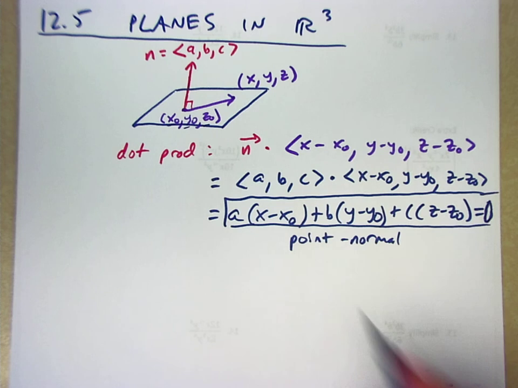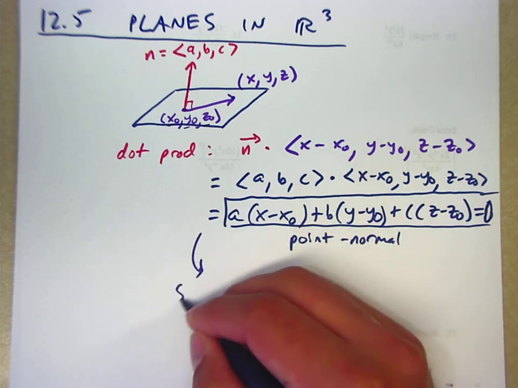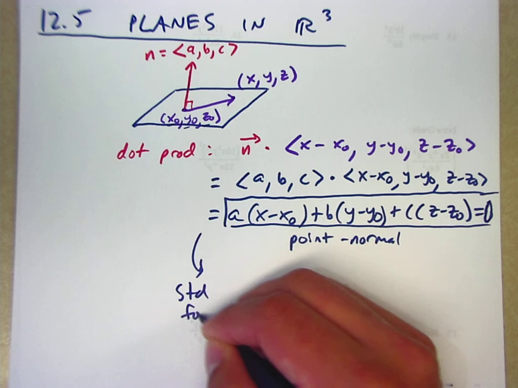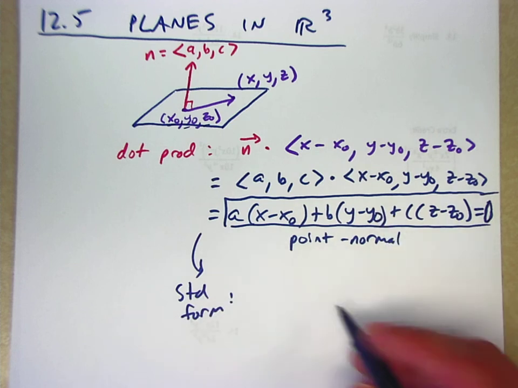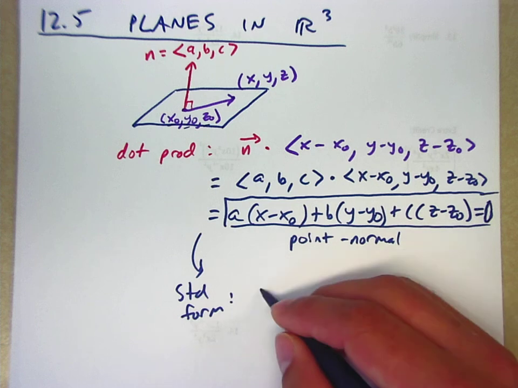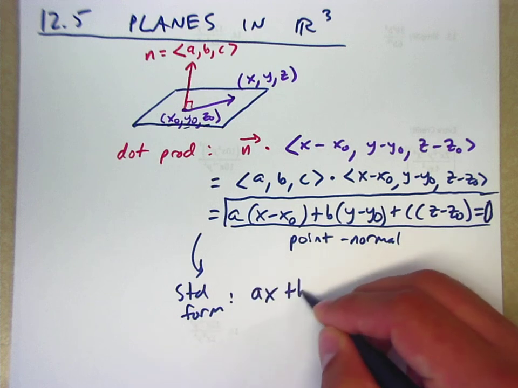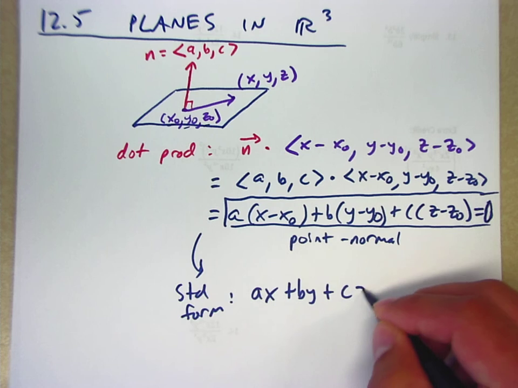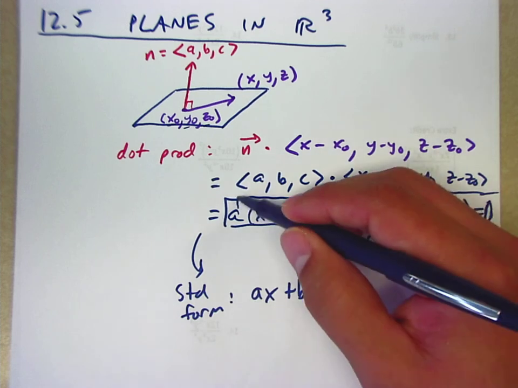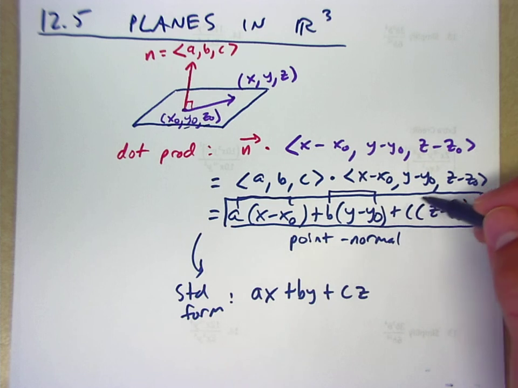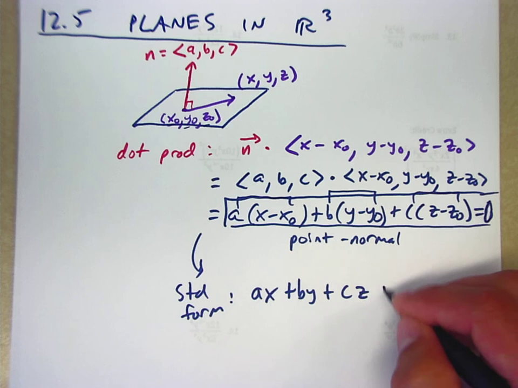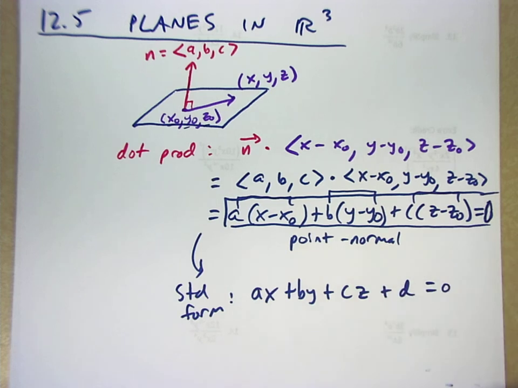Now in standard form, if you distribute everything out and group everything, you're going to get ax plus by plus cz. If I multiply a with the x naught, b with the y naught, and so on, those are all going to be constants. We can lump all of those together into one new constant, which is d.